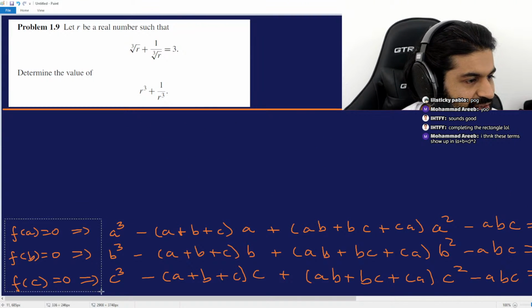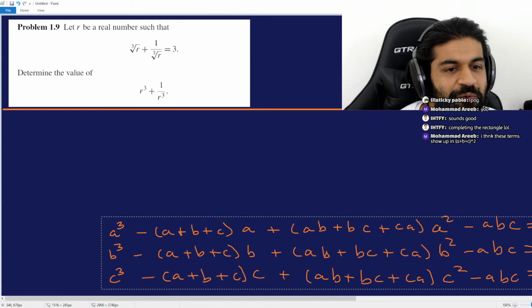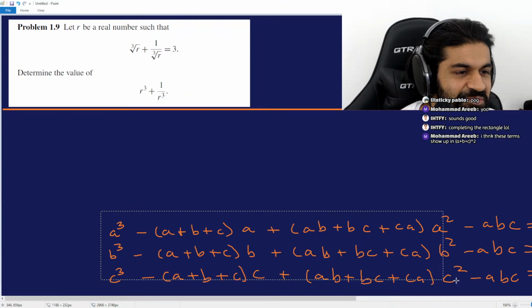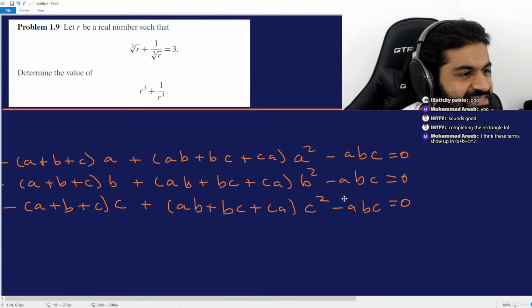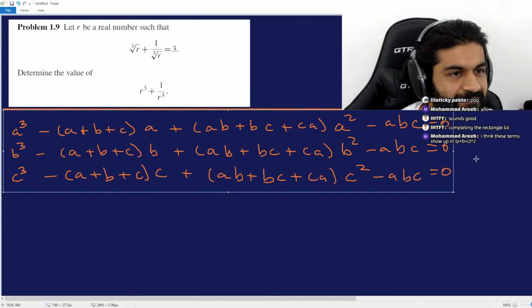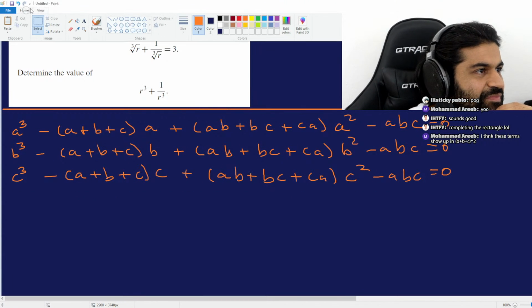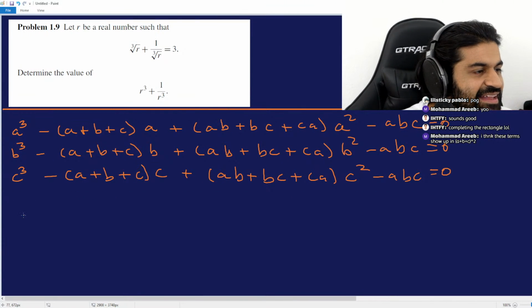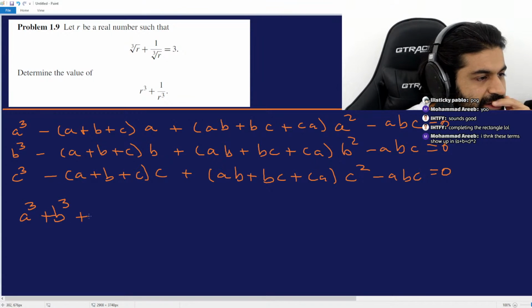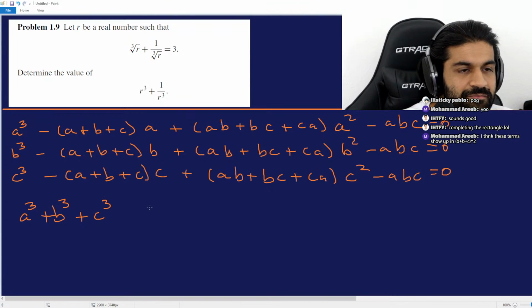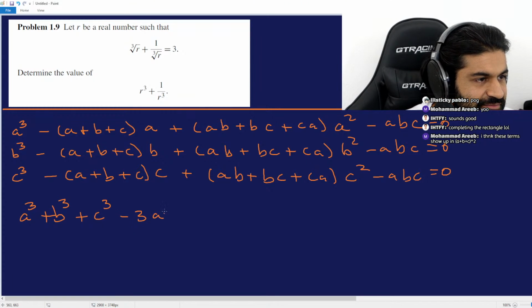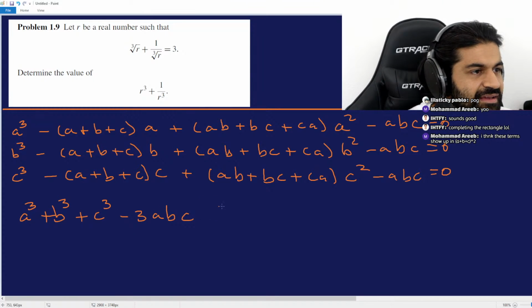Let me just clear up some room a little bit. So if you add the three equations that you get by staring at these, for example, you would get a cubed plus b cubed plus c cubed minus 3abc, right?